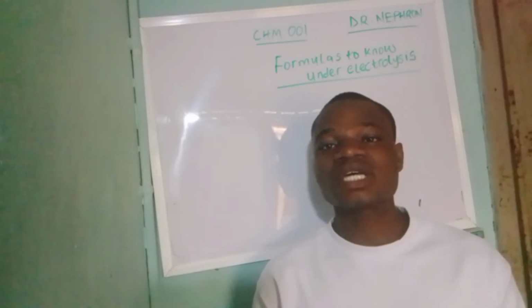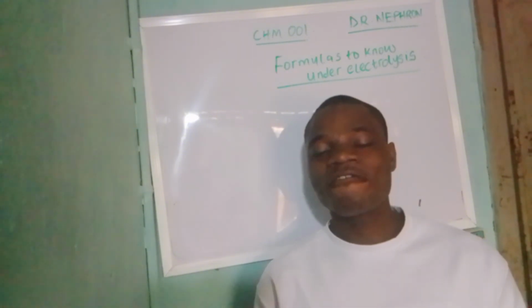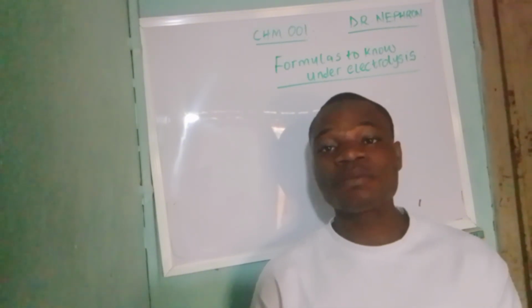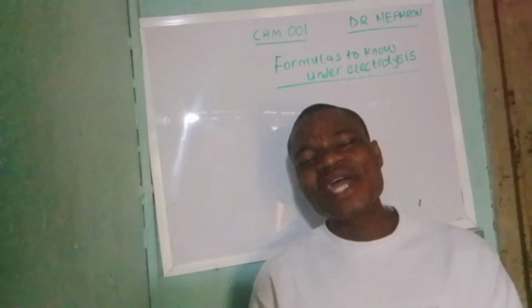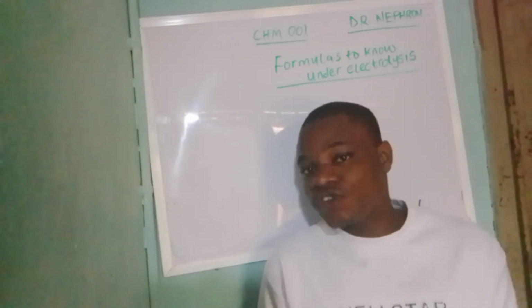Some reactions are forced to occur; we force them before they can occur. A good example of non-spontaneous is electrolysis, because we force the reaction to occur by passing electric current straight.